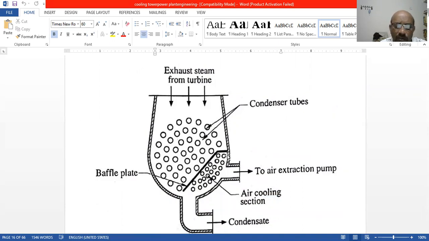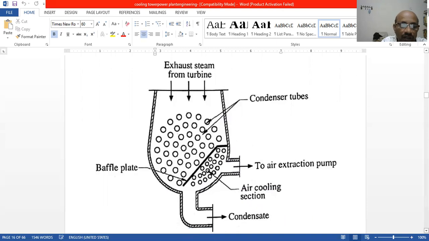When we remove the air, the steam automatically becomes water, because you are losing temperature and the temperature goes down. Even so, there will again be condensate. So we send this to the air cooling section, the passage with air cooling pipes around it, and the steam is converted into hot water. That is one of the techniques for this.